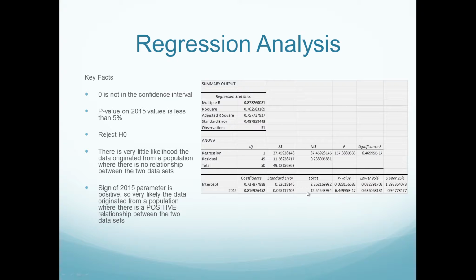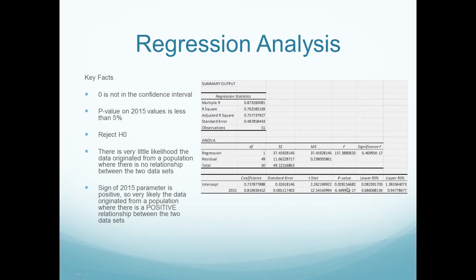What that implies is basically that there is really no real probability that the intercept is equal to 0. That's great for us. We would have rejected the hypothesis with anything less than 5%. This is way less than 5%.